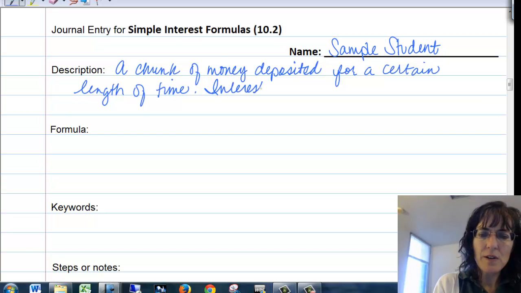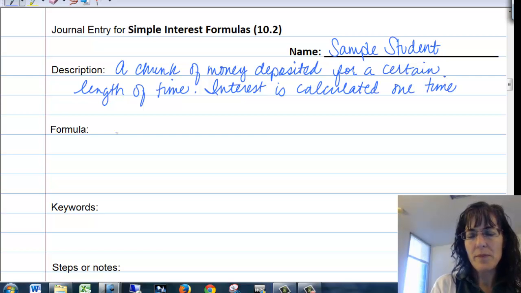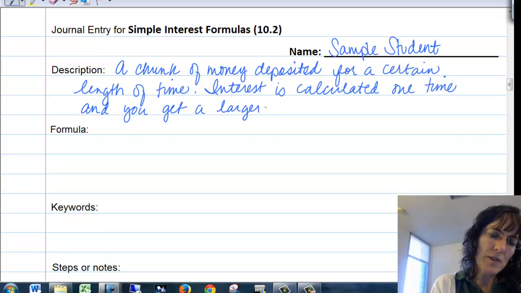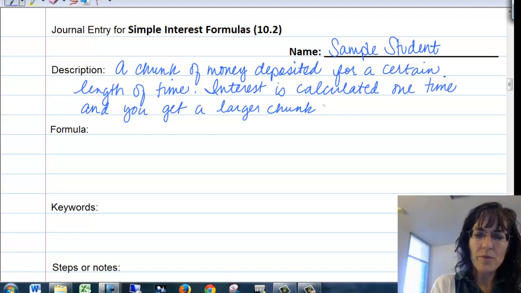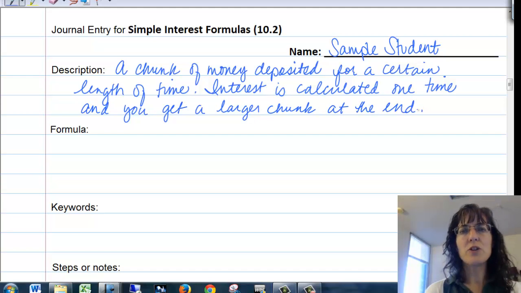Interest is calculated one time, and you get a larger chunk at the end.